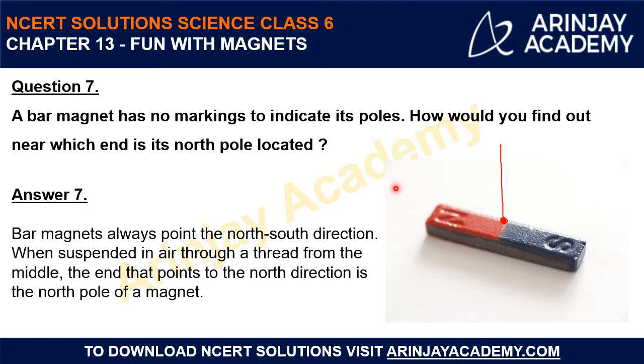Let's say that in this particular direction you have the north direction. So अगर इस end ने यहाँ पे point किया है, so definitely this end will be the north pole of the bar magnet. So even if you don't have any indications on the magnet, you can still find out where you have the north and where you have the south poles. Fine.